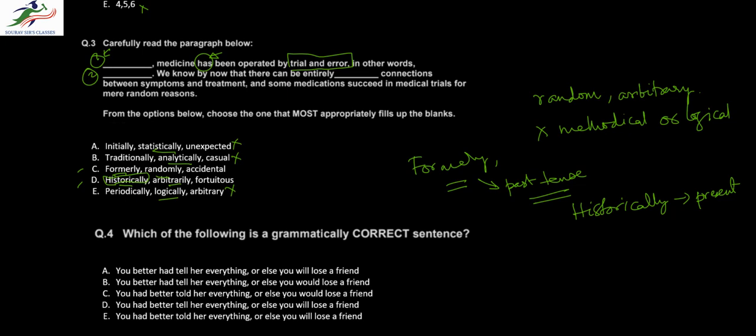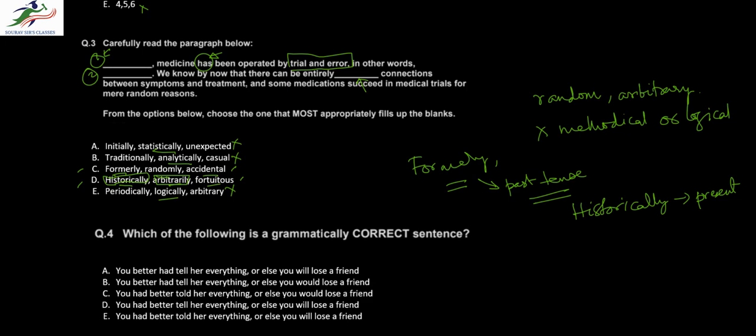In other words, arbitrarily is the second word that is fitting in. We know by now that there can be entirely dash connections. So we see the 2 words in 3 and 4, accidental and fortuitous. Both mean the same thing. Fortuitous means something which is not planned, which happens by accident. So it is the same meaning as accidental.